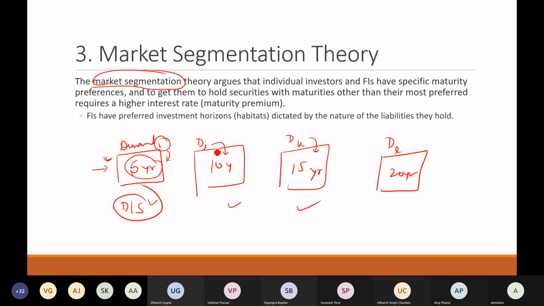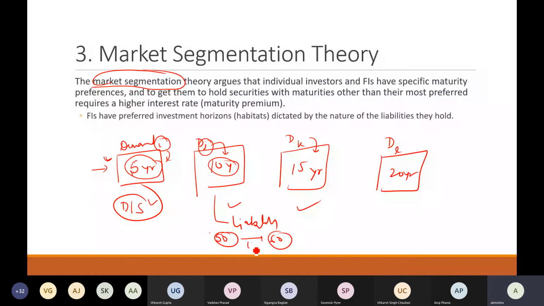This J set of investors is different. They are only interested in 10-year maturity bonds. Why? Because of their liability. Let's say somebody is 50 years old, and he is going to retire at 60.